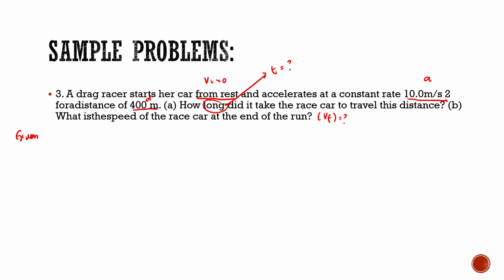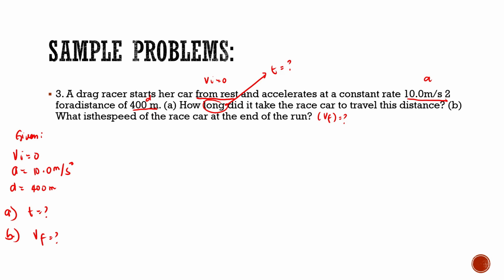We have the VI, which is 0, and we also have your acceleration of 10.0 meters per second squared, and the distance of 400 meters. From this, we need to solve two things: letter A, the time, and letter B, the final velocity.